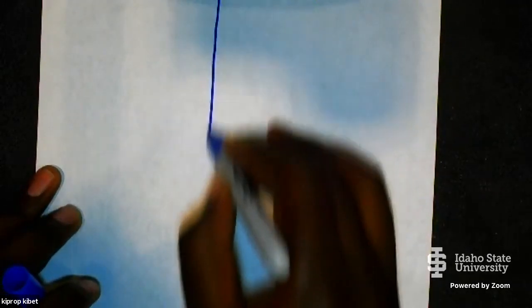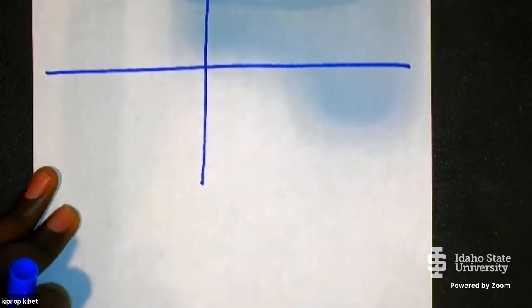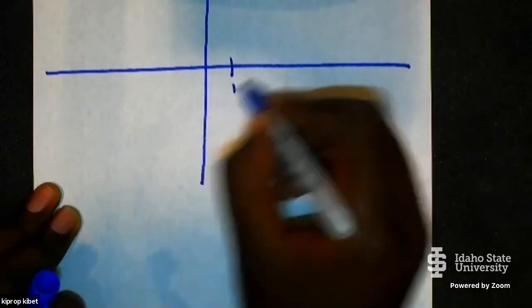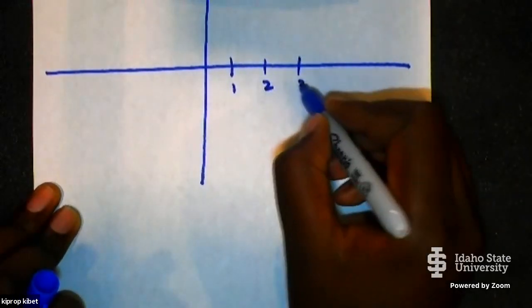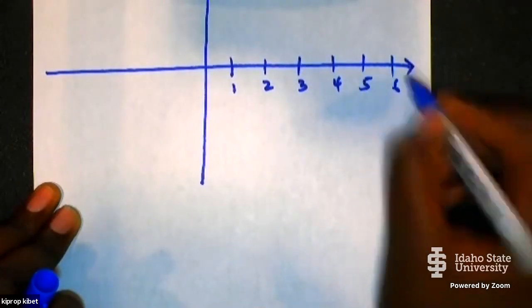So now you come and plot a graph. You come here like that. So it goes to what? It goes to, we have 6? No. So 1, 2, 3, 4, 5, 6.